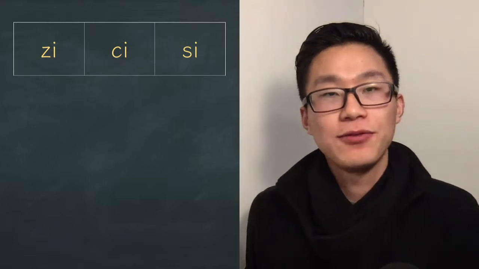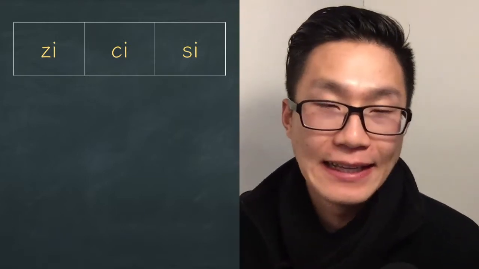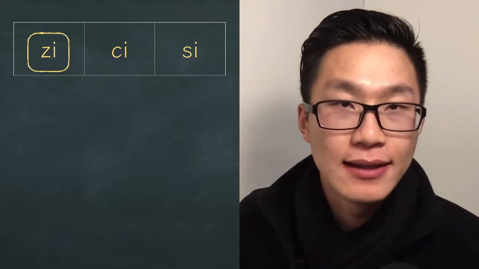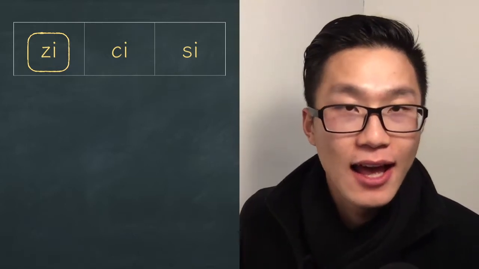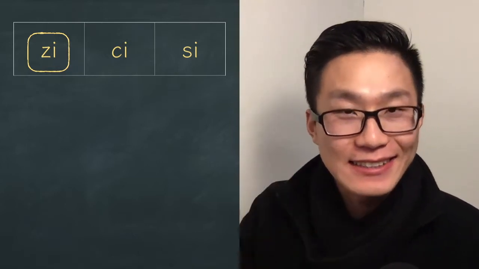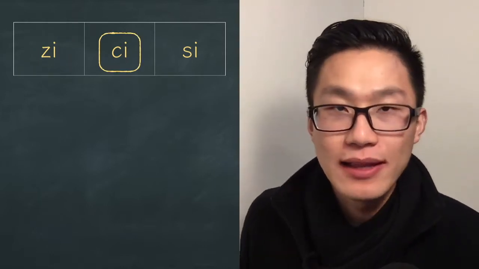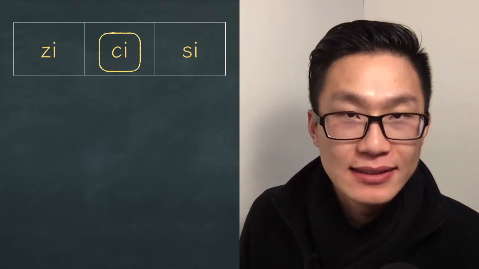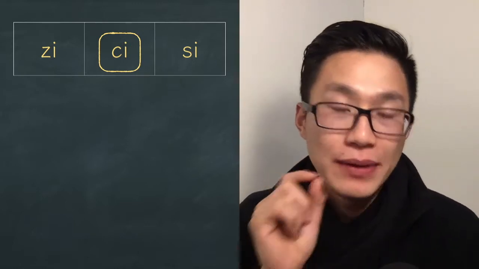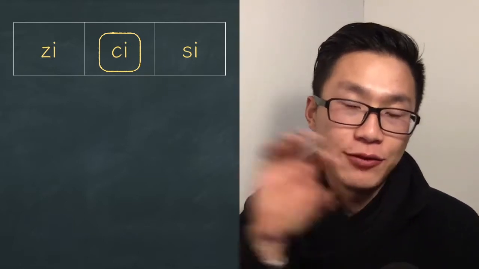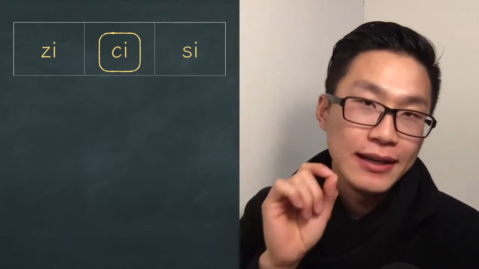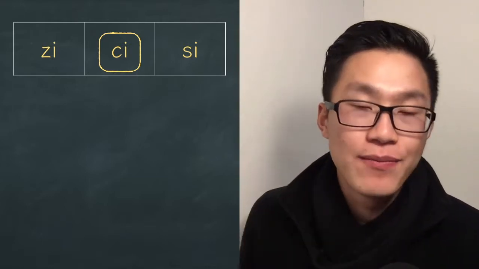Next one is for those 3. The first one is z. Okay. Next one, c. So try to pay attention to the beginning of the sounds, because the following is all the same, right? The beginning is c.